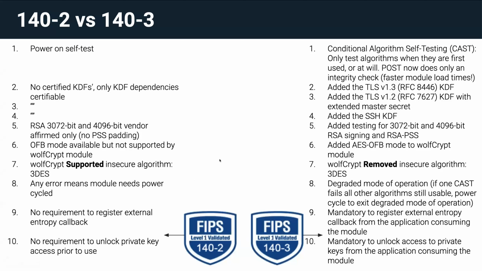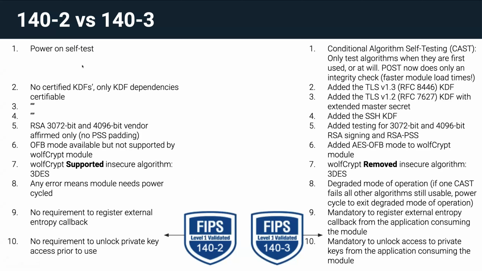Now we're getting into some of the differences between the two programs, 140-2 and 140-3. So under 140-2, we had to do a power on self-test, which tested every algorithm in the module.